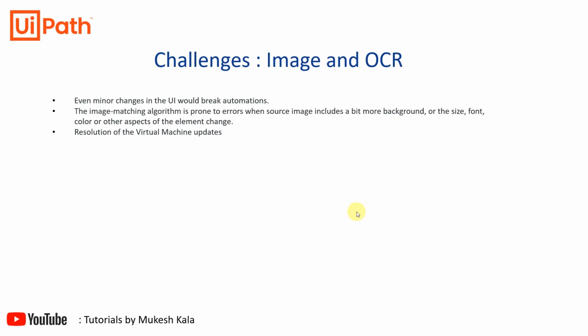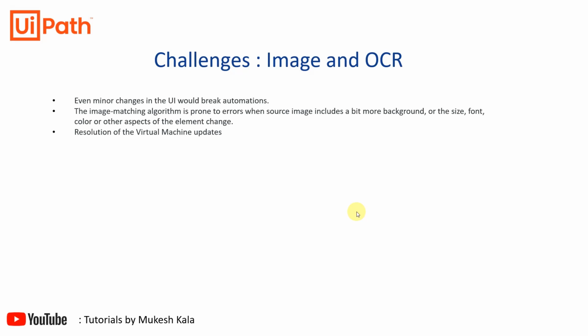The image matching algorithm is prone to error. For example, if there is a slight change in the background color, font, size, or aspect, your automation is going to break. Whenever I am doing image automation, the resolution of the virtual machines plays an important role.